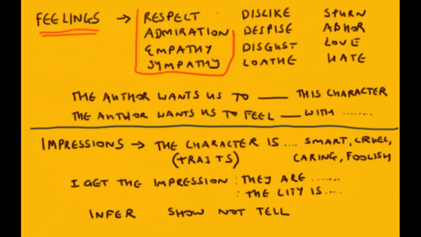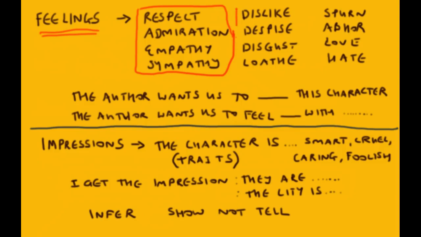This is usually what the examiner is looking for. You have respect or admiration or empathy or sympathy for the character. Those are the key feelings that you want to be discussing when you write your answers.